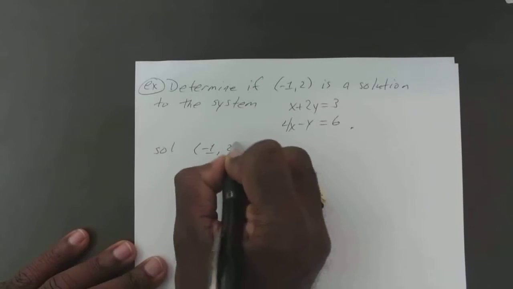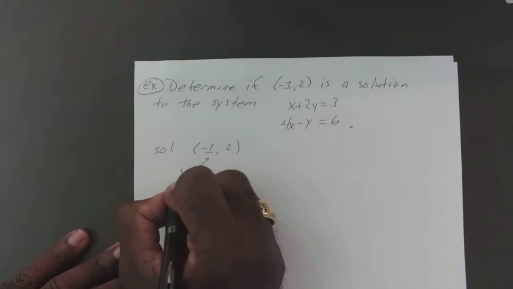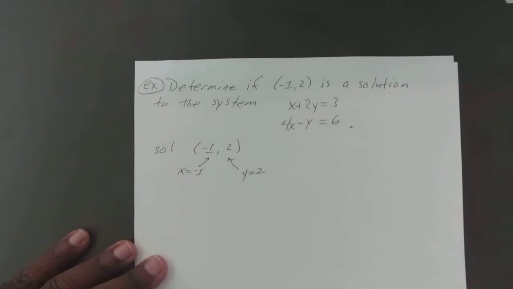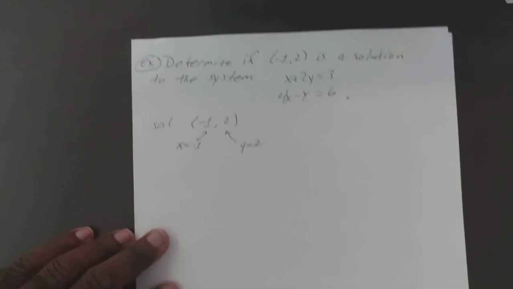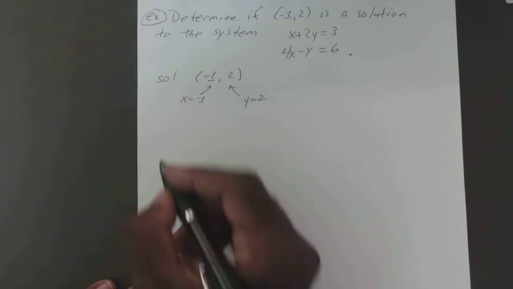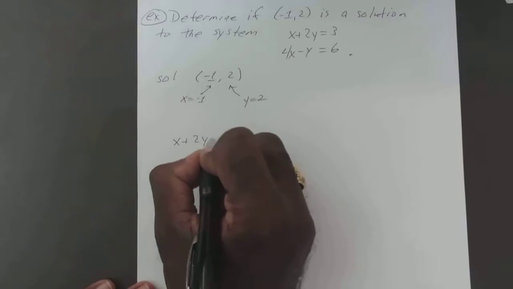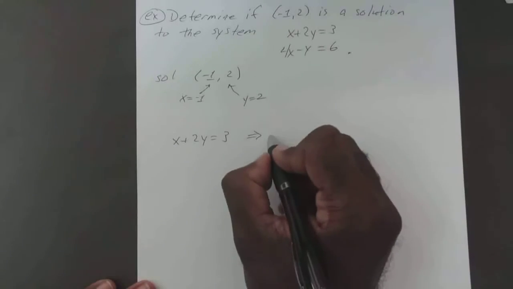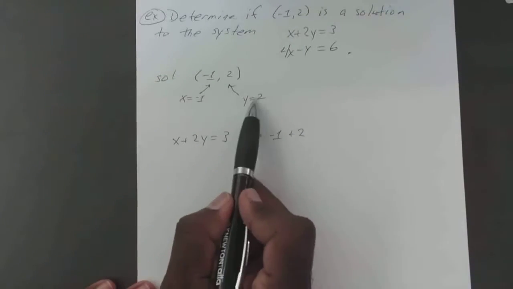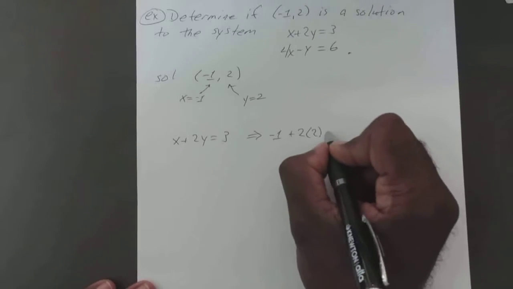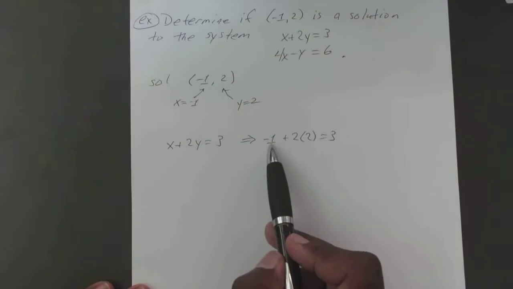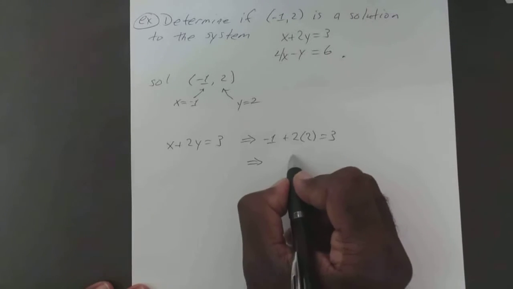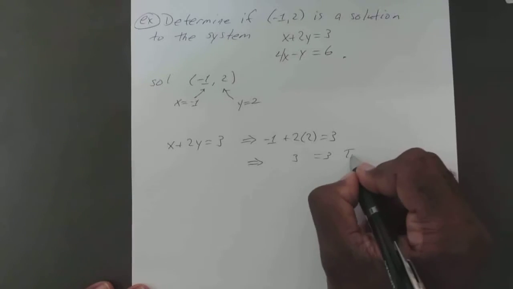Remember that -1 and 2, that's just your x and your y. So if we have our first equation, x plus 2y equals 3, that gives us -1 plus 2 times y, which is 2, equals 3. -1 plus 4 is 3, so this side is equal to 3, which is true.